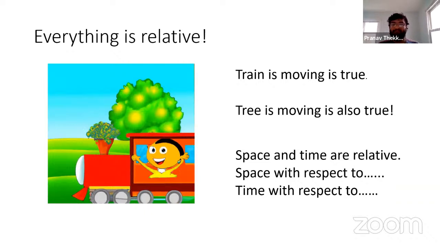Whenever you talk about something, you say space with respect to what, time with respect to what, and so on and so forth. This is one very fundamental thought process that comes up in this field of physics, where we have understood that things have become relative. Absolutes have taken a backseat.